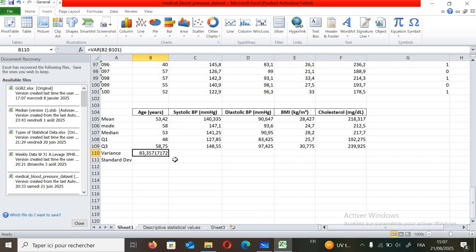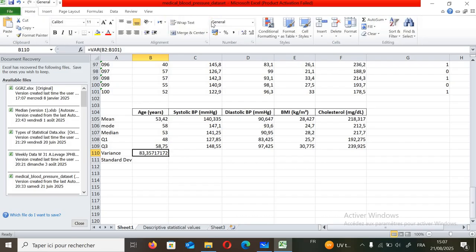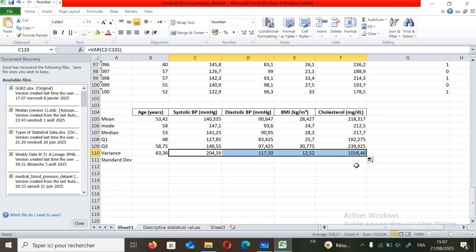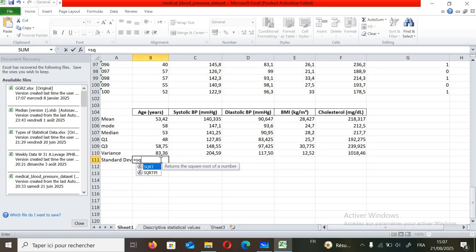It's 83.36. We're going to generalize. Here is 240.59. Here we have 170.5. Here we have 12.52. Here we have 1018.46. For the standard deviation, it is simply the square root.